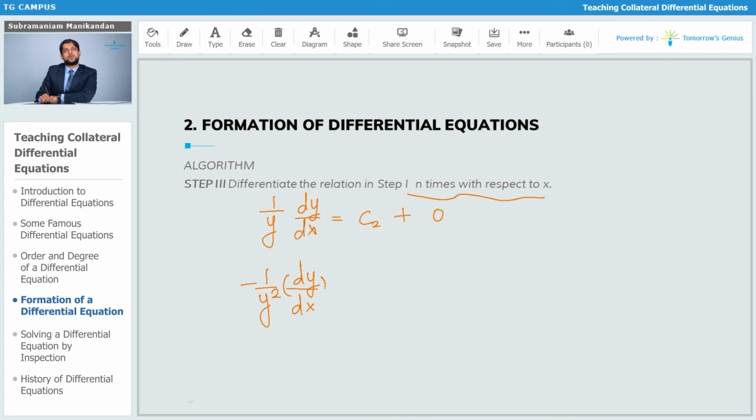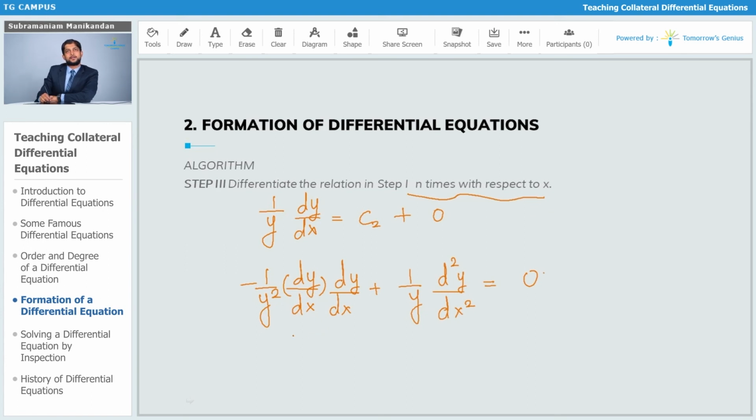Minus 1 upon y square dy by dx times dy by dx, plus 1 upon y times d square y by dx square, is equal to the derivative of c2, which is a constant, so it is 0.